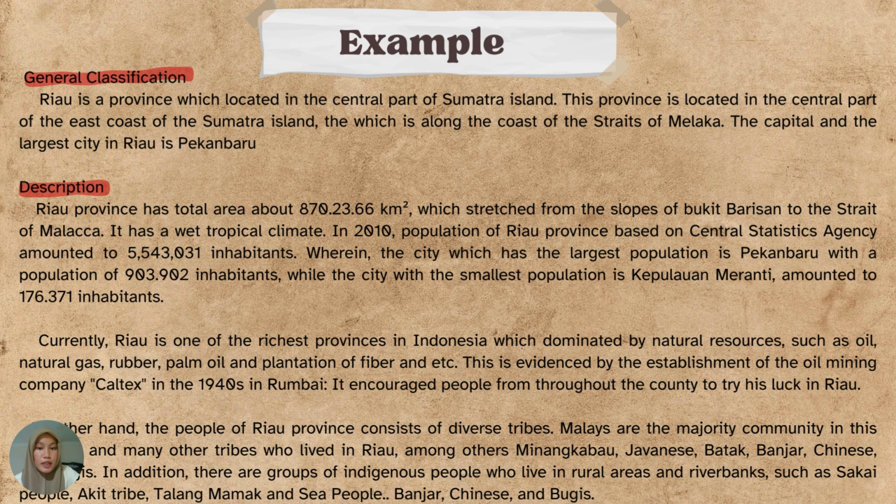Malays are the majority community in this province, and there are many other tribes who live in Riau, among others Minangkabau, Javanese, Batak, Banjar, Chinese, and Bugis. In addition, there is a group of indigenous people who live in rural areas and riverbanks, such as the Sakai people, Akit tribe, Talang Mamak, and Sea people.